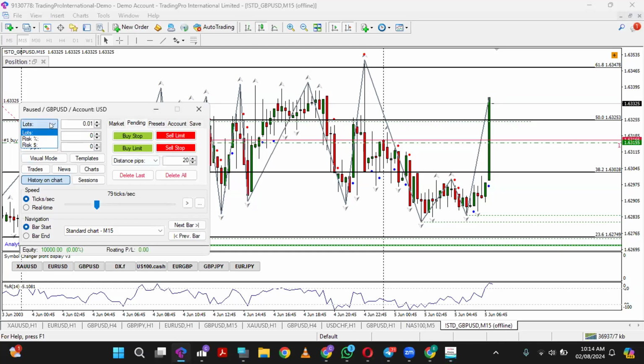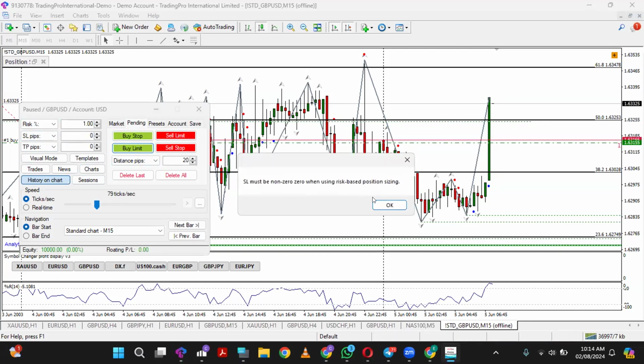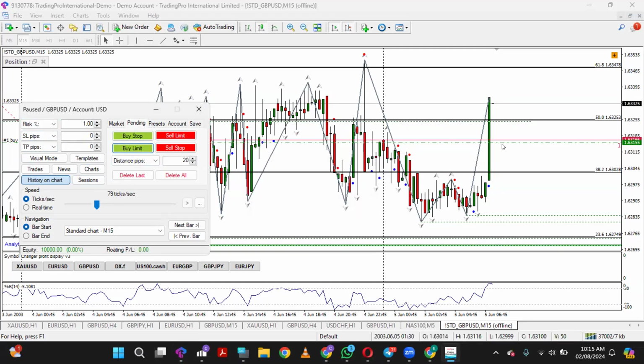It has different risk options. Your risk lot size, you could use a percentage. If you use 1% in stop loss, whichever one you want to use, it is easy for you to arrange that. So it's just like you're taking your trade live on the MT4.